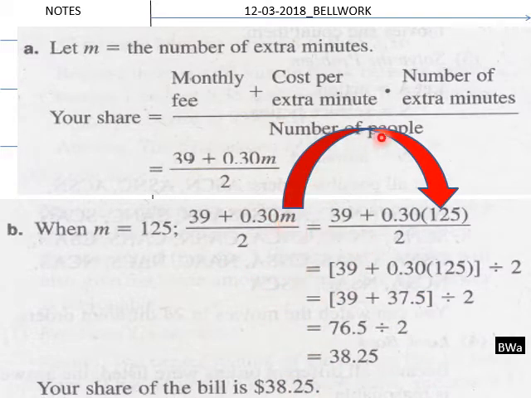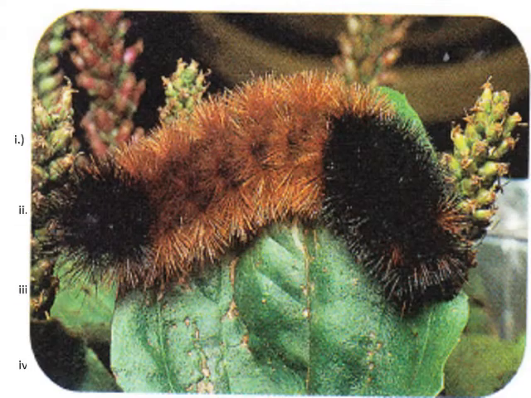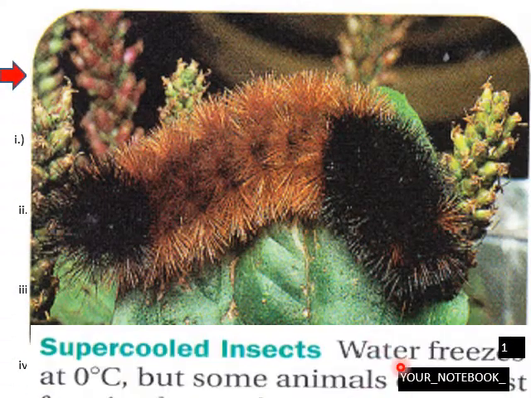And yeah, here's our plug-in here. We plug in 125 for M. And then this is where it's multiplied down here in our vertical format. And this becomes 76.5 when we add 39 and 37.5. We come up with our final solution.